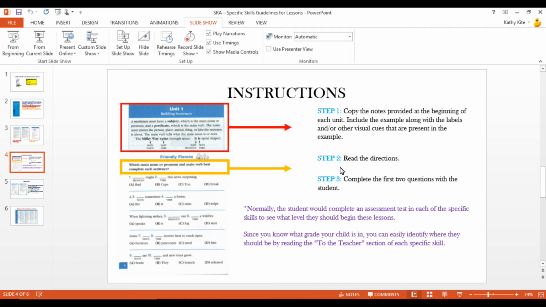For the younger students, I always tell them that when you use your finger and follow the words, they should not be reading beyond their finger. The words they're reading need to match up exactly where the finger is pointed. So if I'm reading this sentence, "which main noun or pronoun," I've already gone past where I'm supposed to be reading. I should be saying "which main noun or pronoun and main verb best complete each sentence."